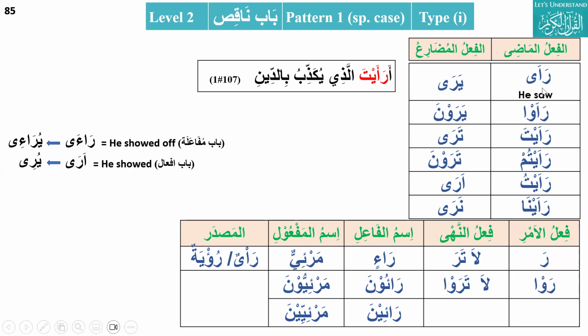Ra'a, yara, he saw, is Bab Naqis. Then in Bab Mufa'ala, level 3, ra'a, yura'i means he showed off. Ara, yuri, this is ara, he showed, but this is starting with the ra. Here it is ara, yuri, he showed. Ra'a, yura'i, he showed off.